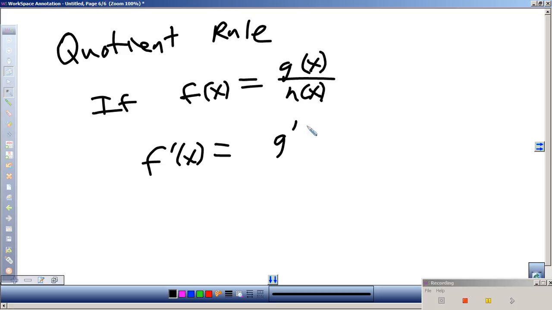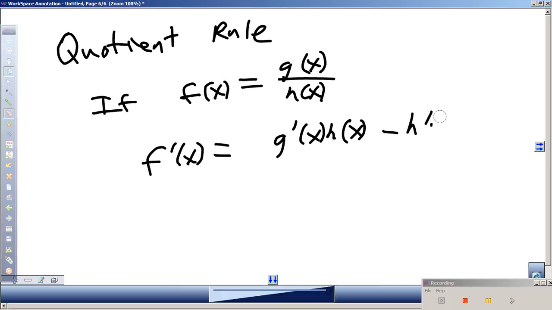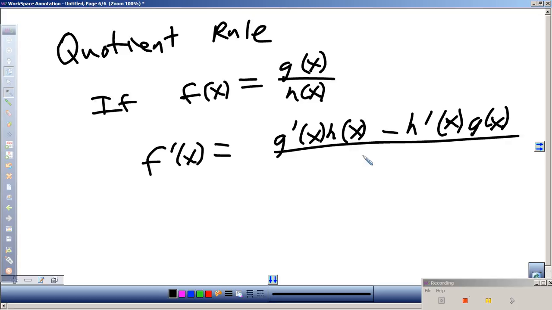Okay, so g prime of x, h of x, minus... Notice it is very similar to the product rule, except then you've got a denominator.